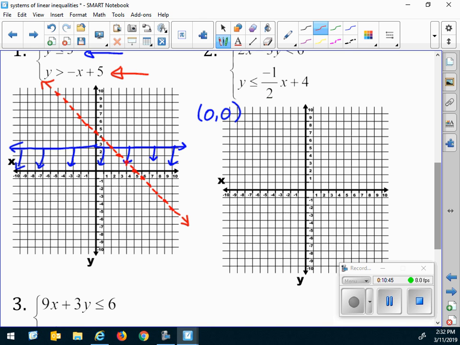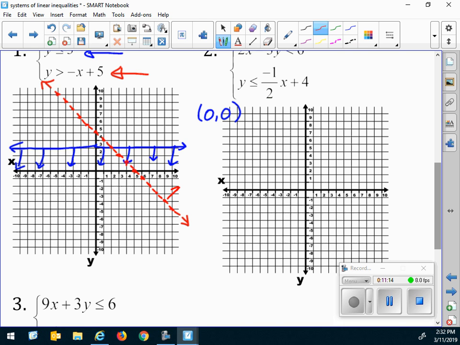Are the answers to that one, the red one, above the line or below the line? Above, because that symbol says greater than.